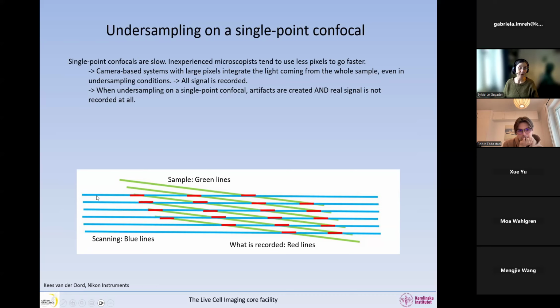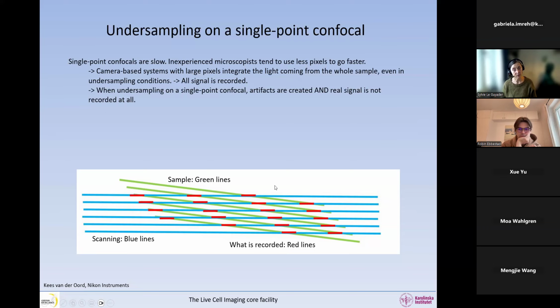So I jump from here to here without measuring anything in between. And so what happens is that I measure something here, and then I measure something here because it overlaps with this green sample. And if you squint a little bit, what you're going to see is thick red lines in this direction.